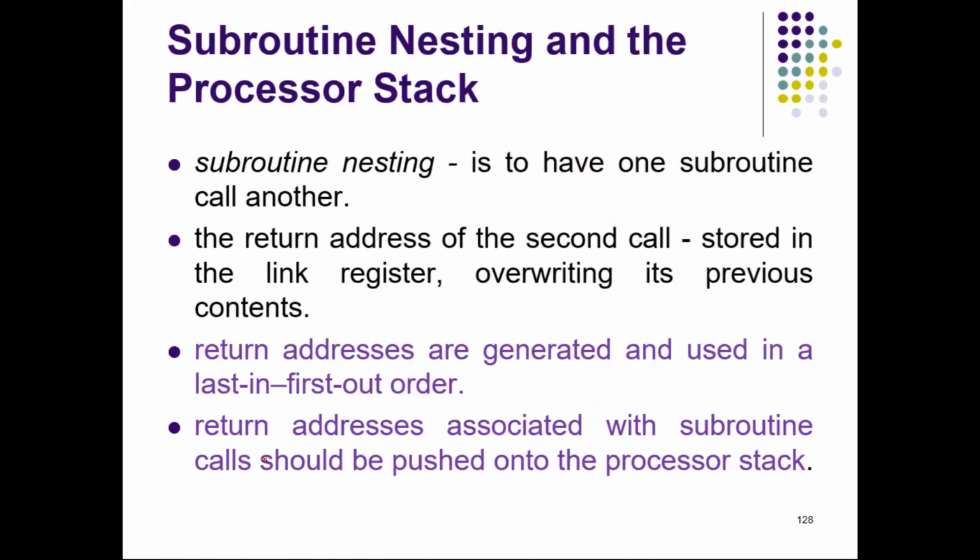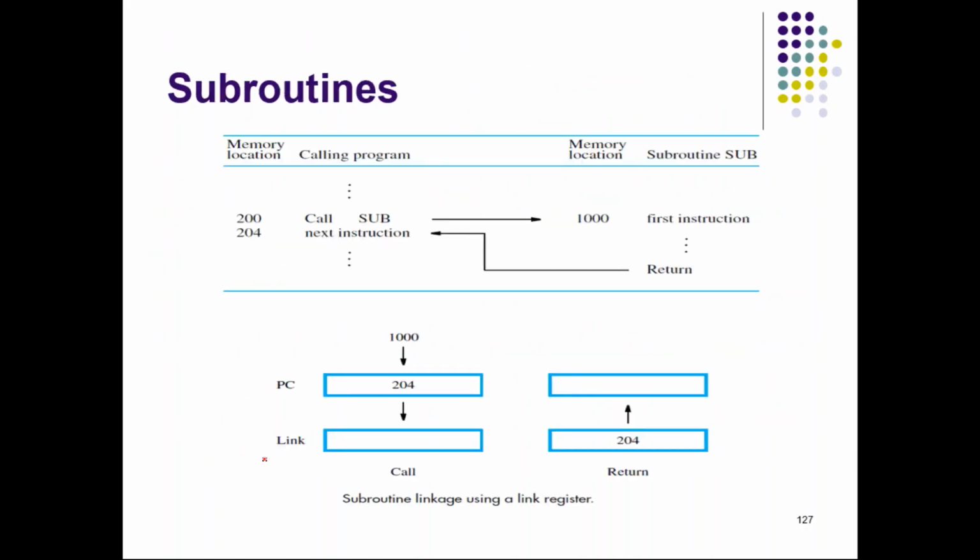First case, if you recollect: when there is just one subroutine call, with no parameters and no local variables, you can manage things just by using the link register alone, one additional register.